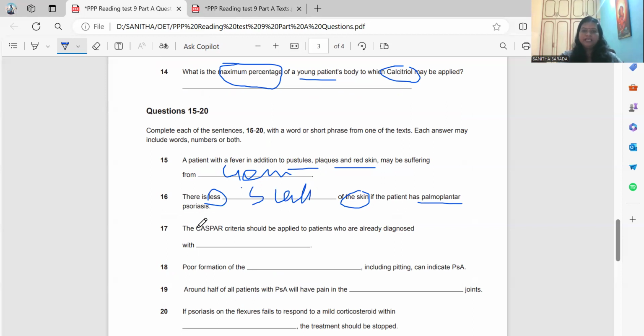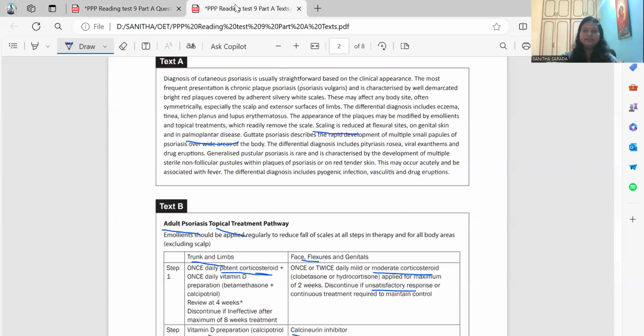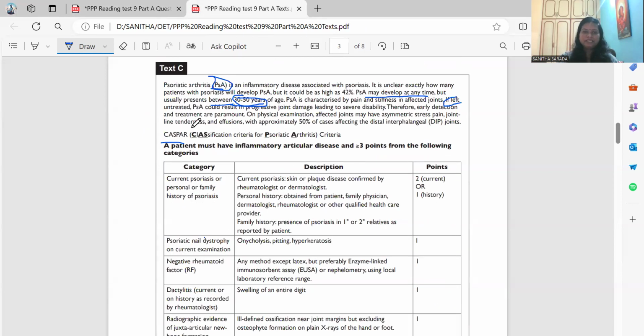Okay. The CASPAR, so the keyword is here, given the CASPAR criteria should be applied to patients who are already diagnosed with. Okay, that is the keyword, CASPAR and already diagnosed with. So we have to go to CASPAR. See, CASPAR: a patient must have, means already diagnosed, must have inflammatory articular disease and greater than or equal to 3 points from the following criteria.